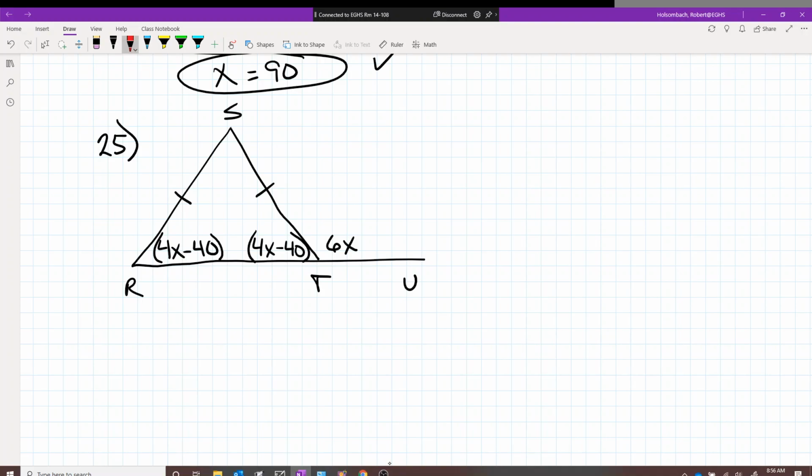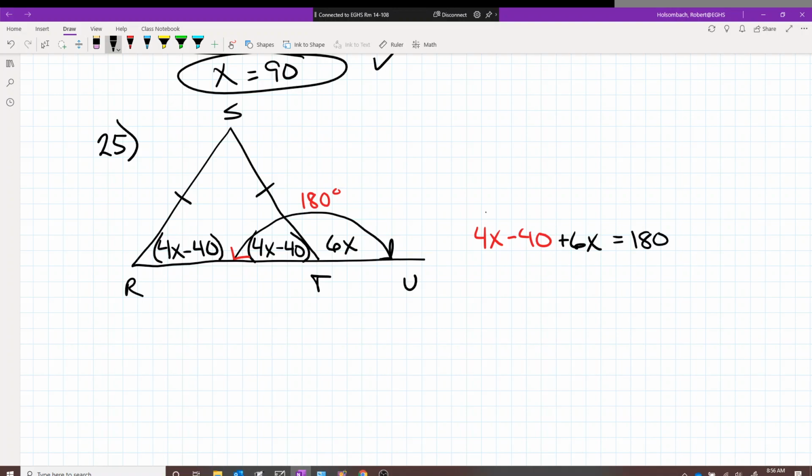Now, we talked about it yesterday. These two angles form a linear pair, and they sum to 180. So your 4x minus 40 plus your 6x has to equal 180.